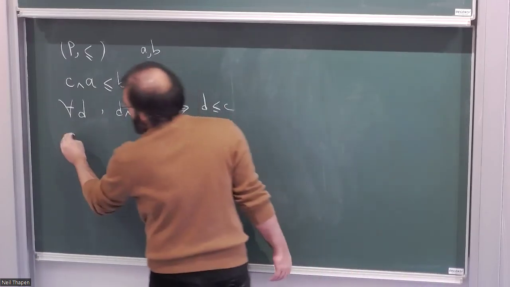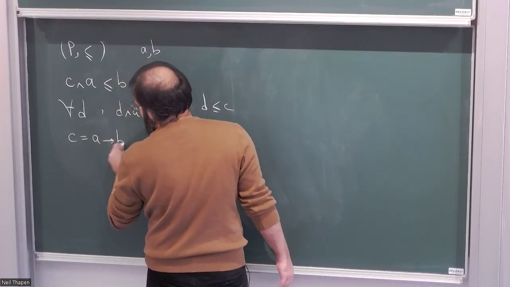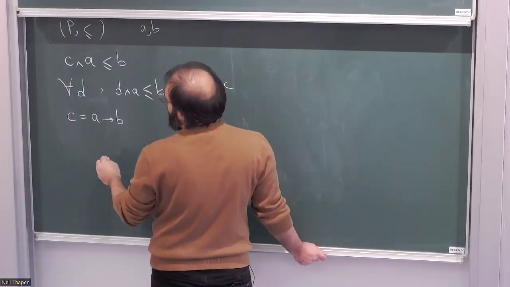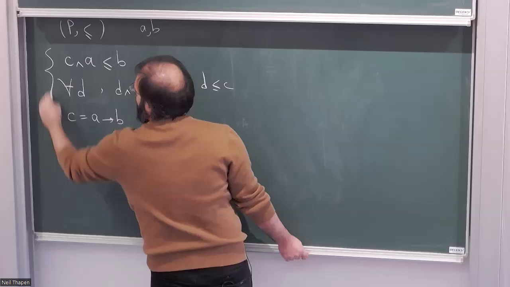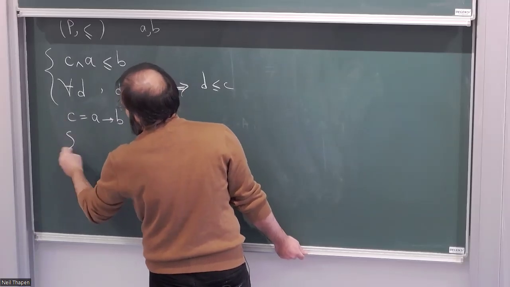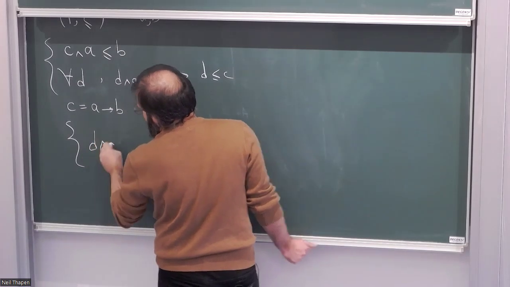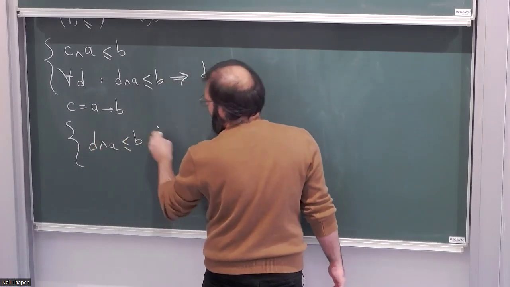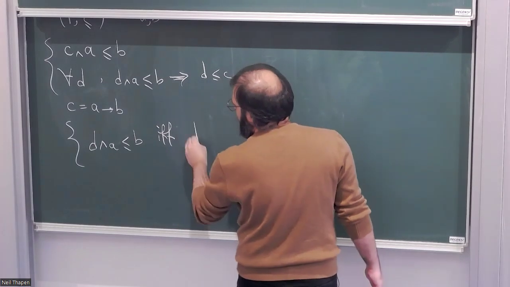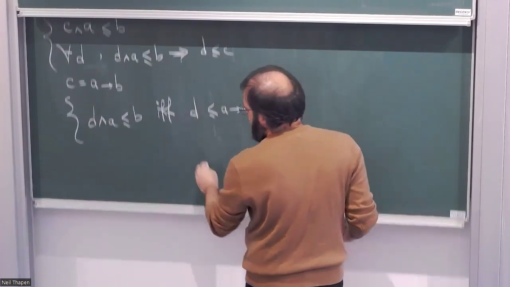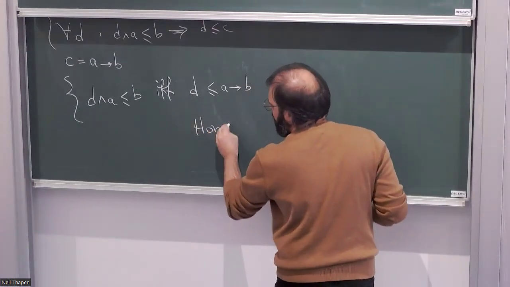And I said also that people write this for the Heyting implication, and then these two data transform to simply that D times A is less than B if D is less than A implies B. So you can see the hom thing that we had before, right?